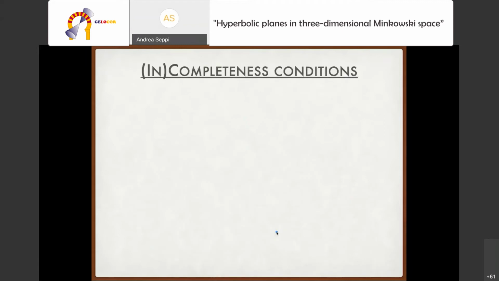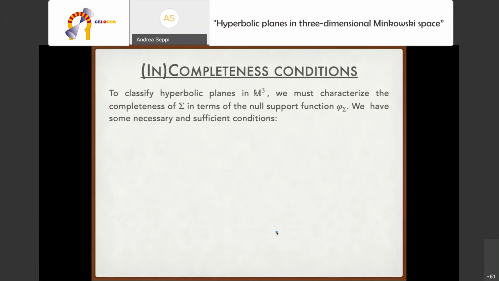So now I want to present the results. Remember that the original question was to classify isometrically embedded hyperbolic planes in H2. And this is not equivalent to classifying entire surfaces. So to answer this question, we must understand what is the condition on this null support function phi sigma which corresponds to complete surfaces.